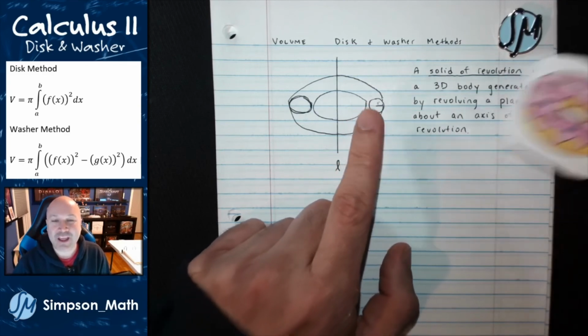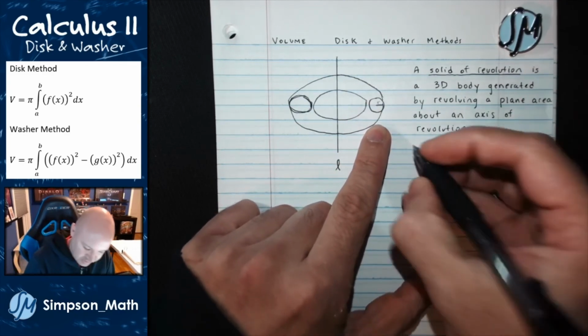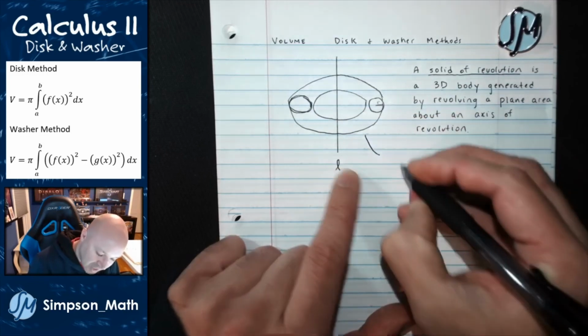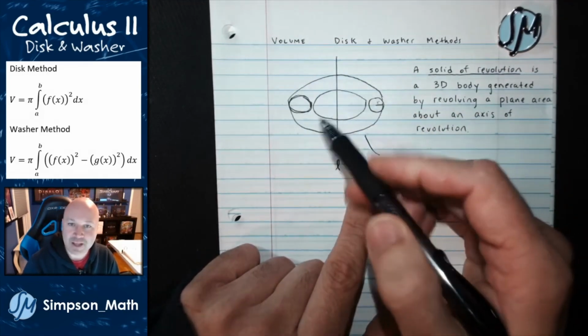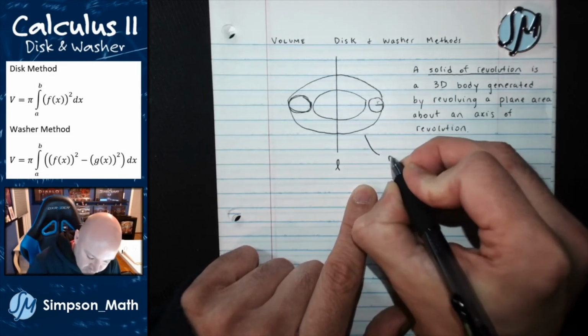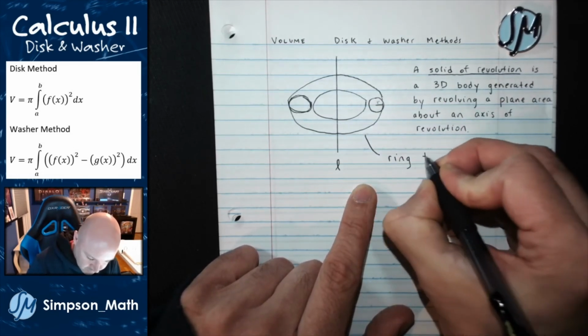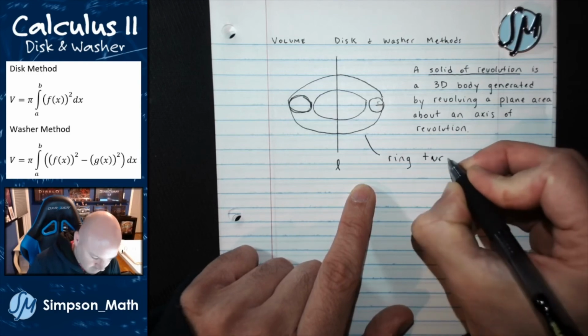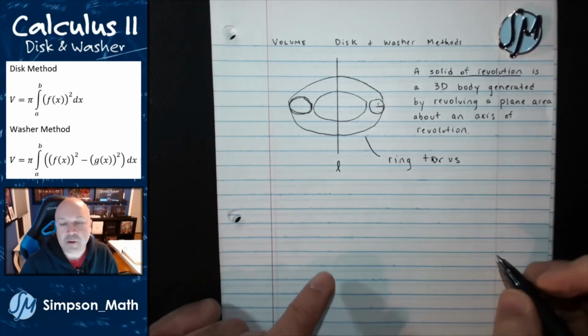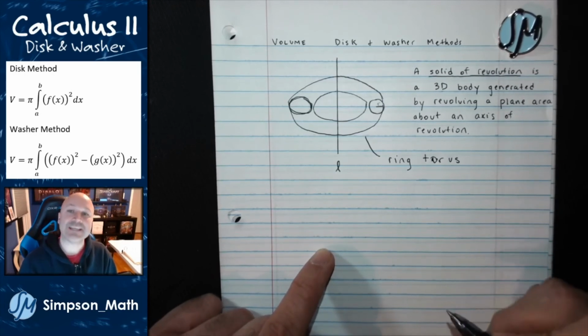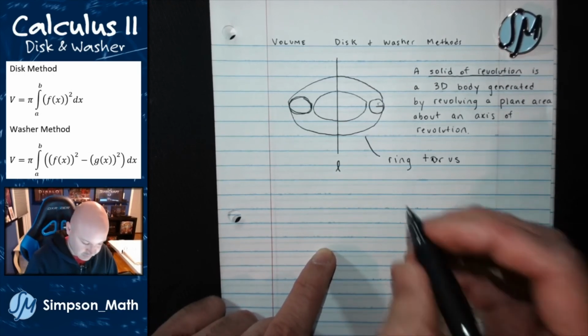But in math, we call that a ring torus. That shape of taking a plane circle and revolving it about a line, that's called a ring torus. So the ring torus is a solid of revolution.